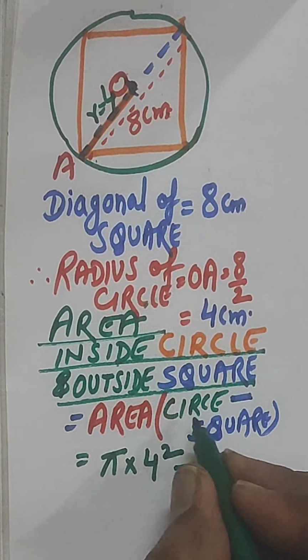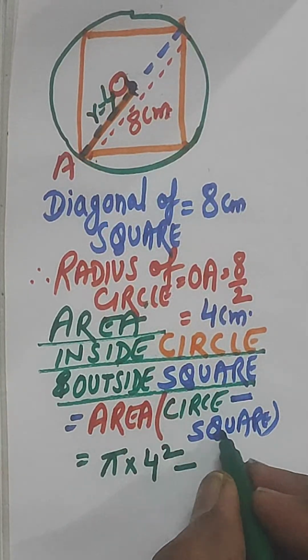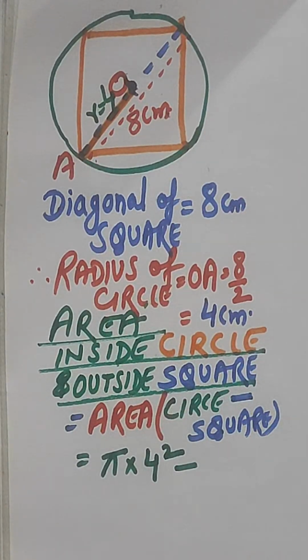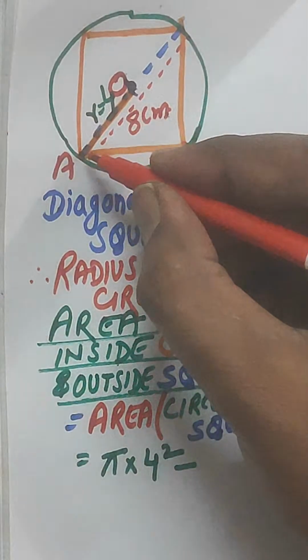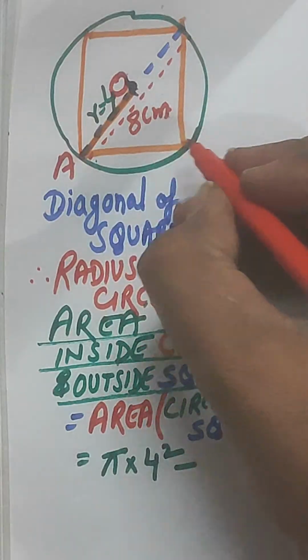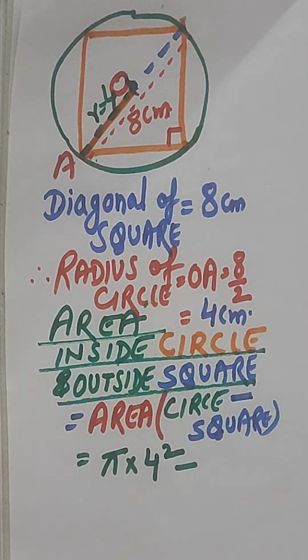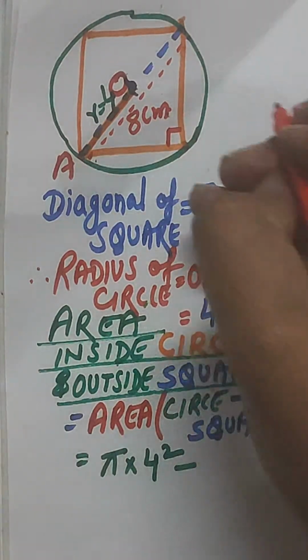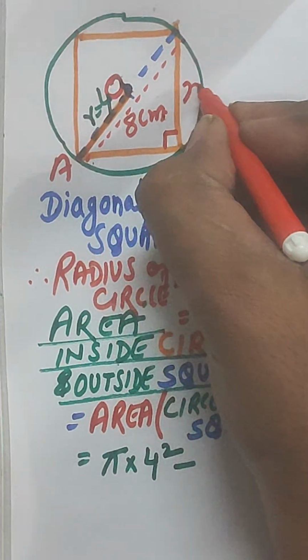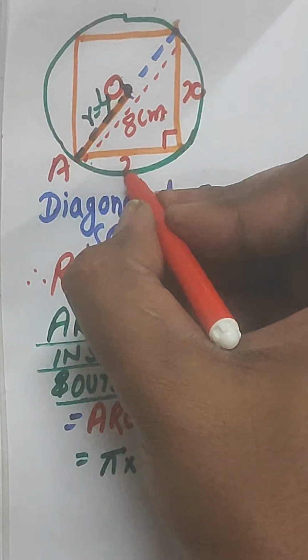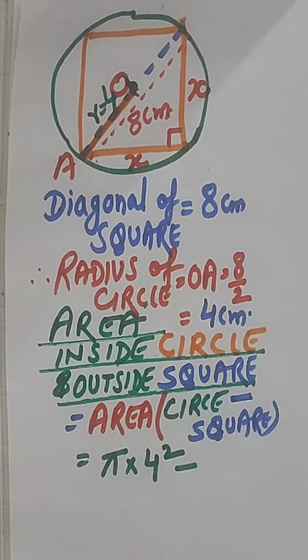Now what is the area of the square? Since this is 8 centimeter, apply the Pythagoras. We know the sides of a square are at 90 degree. So if the length of the side of a square is x, then all sides are equal.